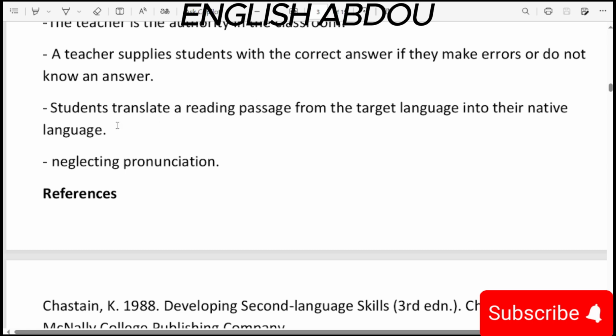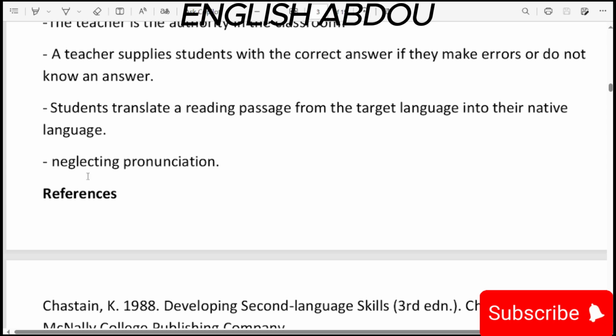Okay, students translate a reading passage from the target language into their native language. So the aim of this method, as we saw in the title, is translation, which is very important in this method.